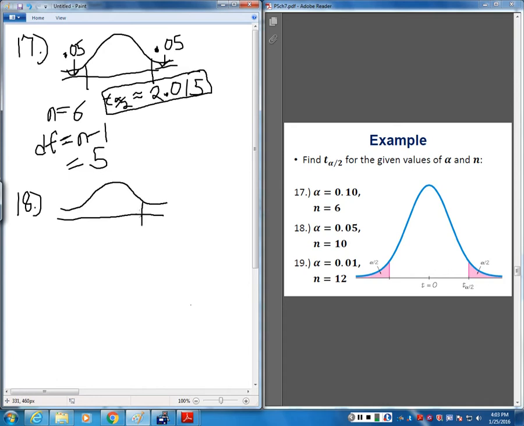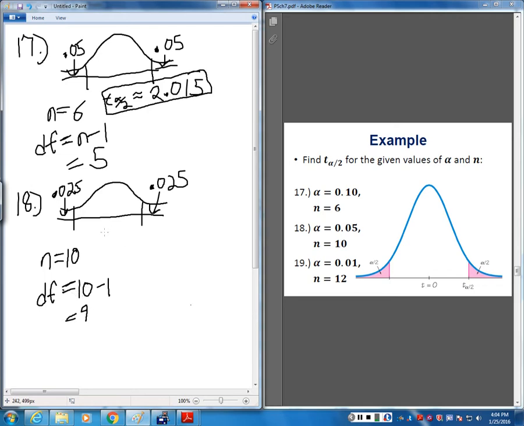And since there's a total of 0.05 area in both tails combined, I'm going to have half of that in each tail, 0.025. And because my sample size is 10, that means that the degrees of freedom are 10 minus 1, which is 9.